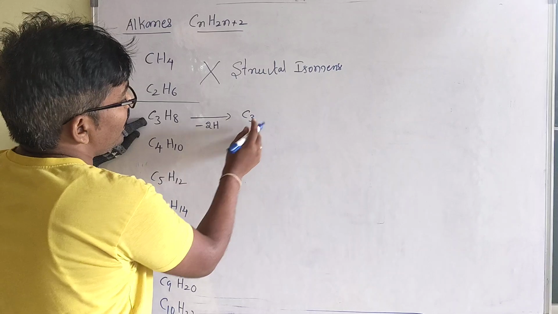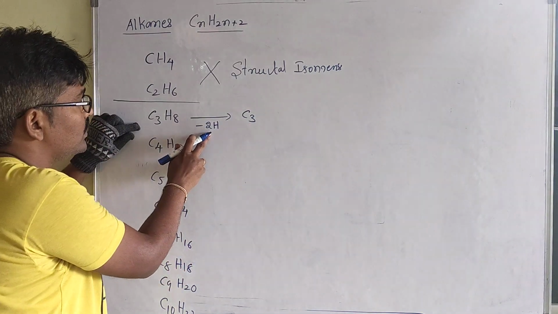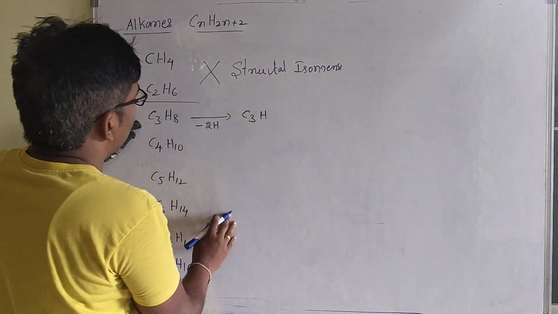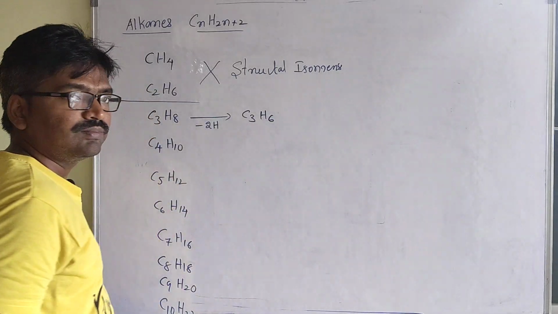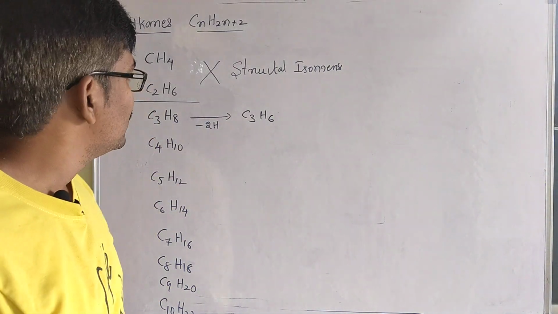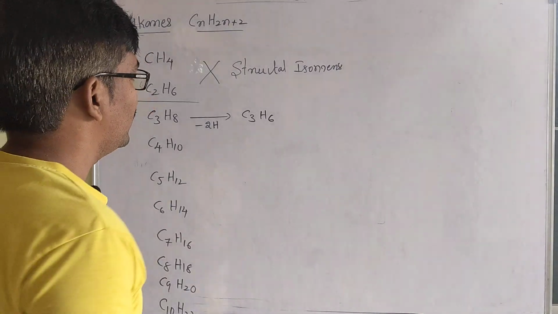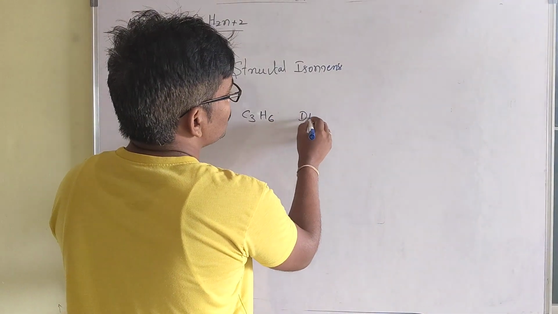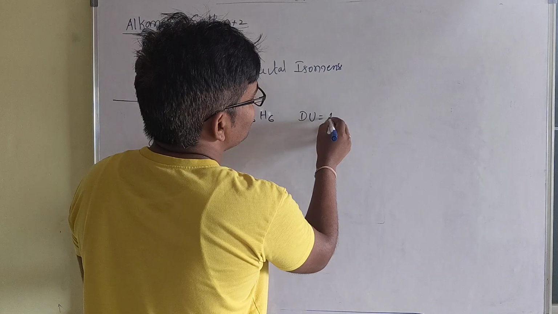Look at C3, only hydrogens reduced. Then how many hydrogens are there? Sir, 6. Clear? Right. So if there are 2 hydrogen atoms fewer, then the degree of unsaturation is equal to 1.